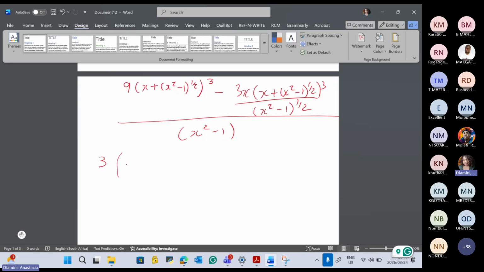Then we have 3, then plus x. Sorry, I forgot something. 3x plus (x squared minus 1) to the power of half, to the power of 3. Then 3 minus x over (x squared minus 1) to the power of squared.